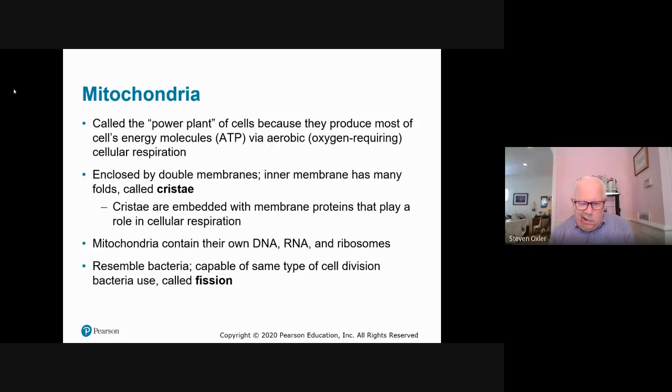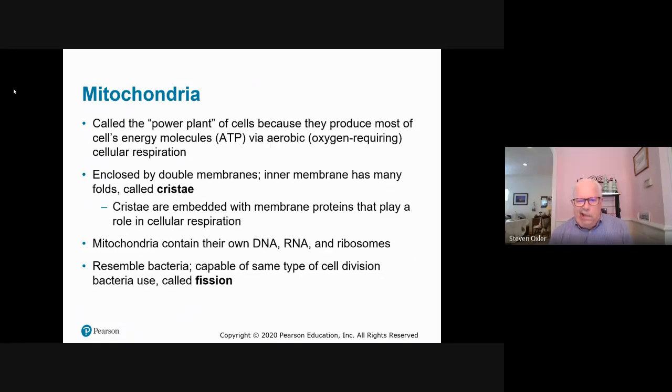There are two structures in the cell that contain DNA. Here's one of them, the mitochondria. The other one is the nucleus. So the two structures in the cell that contain DNA are mitochondria and the nucleus.